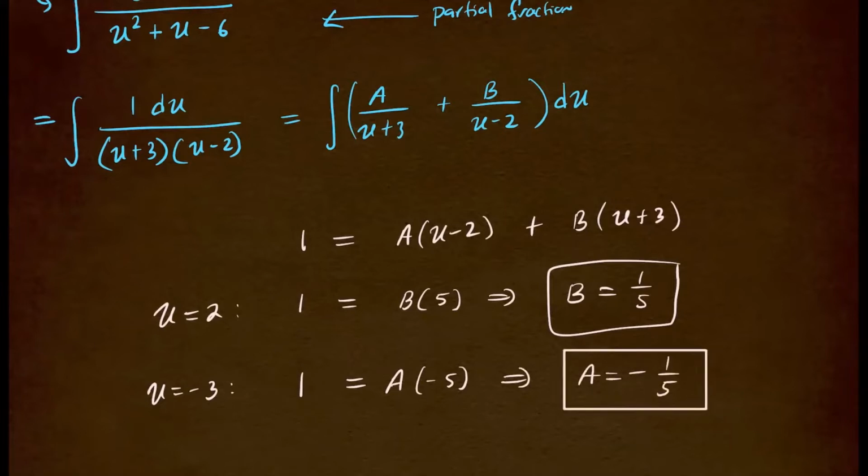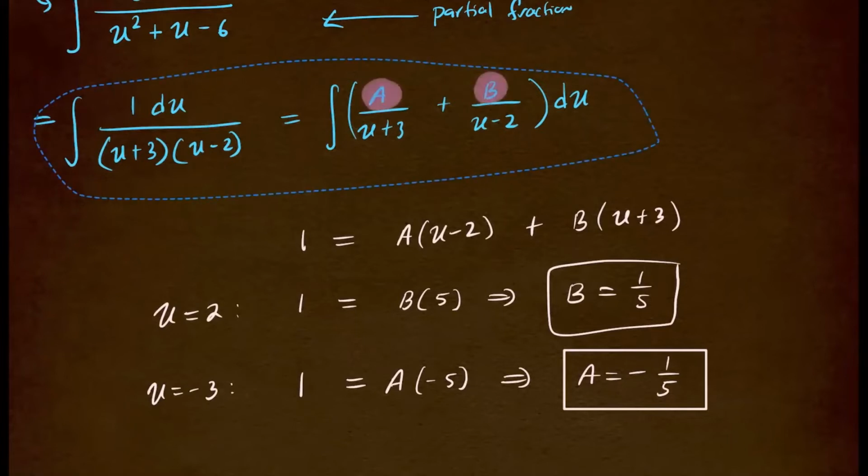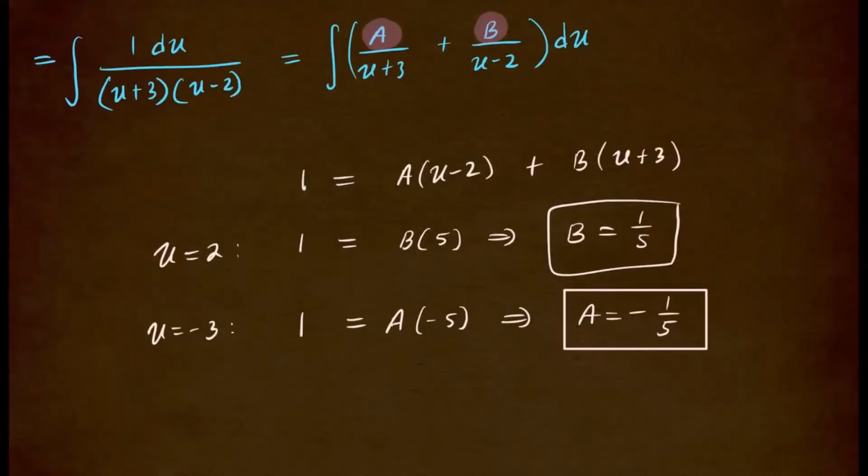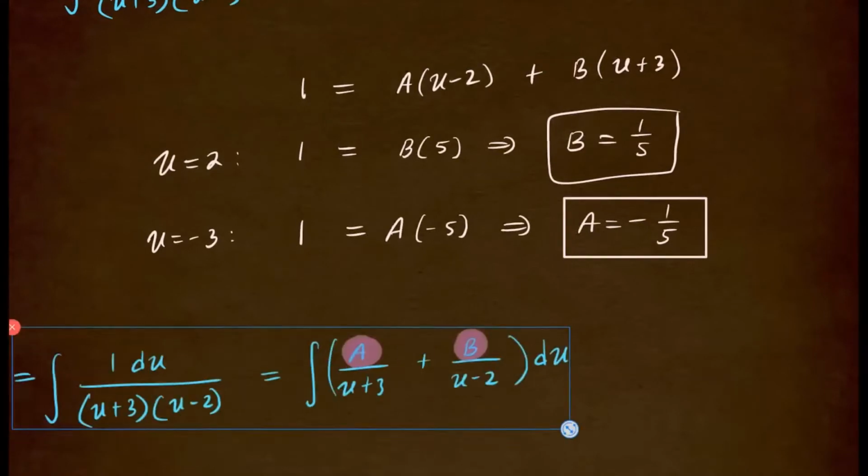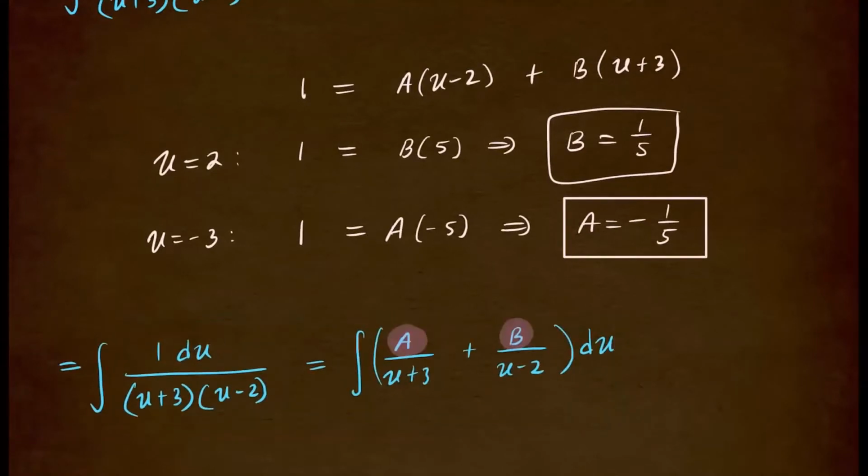All right, that's wonderful. And now I'm ready to integrate. I'm going to replace those right up here for A and B. So our integral becomes the following once we replace our unknowns A and B. We solved for A and B, and we got A is equal to negative 1/5, and B is equal to positive 1/5.